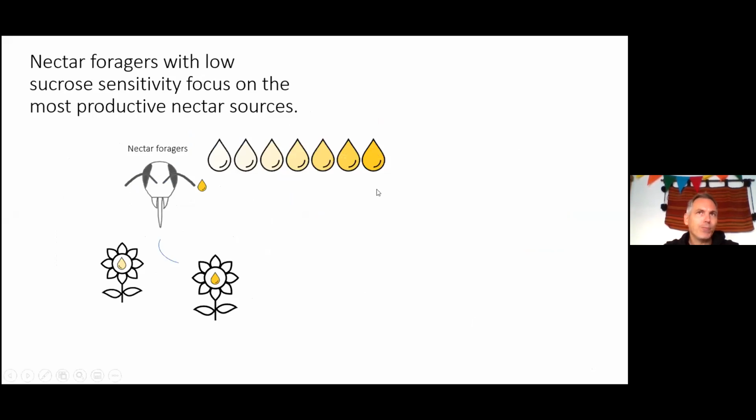Then the fact that nectar foragers present low sucrose sensitivity might be adaptive, as it enables nectar foragers to focus on collecting nectar sources that provide a high reward, and this is good for the colony because the energy gain is higher.